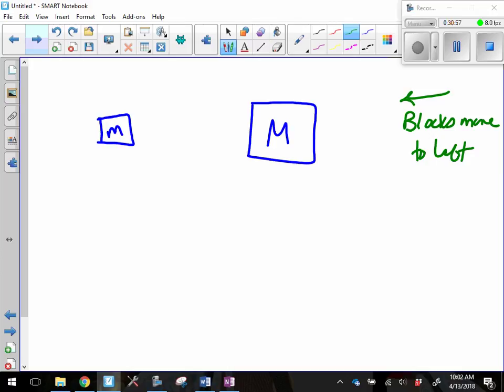So what does that mean about the direction of the static friction force? What does the friction force always do? What does it always point in? Opposite the motion, or opposite the motion that the object would have if there was no friction. Yes, it's going to point this way.